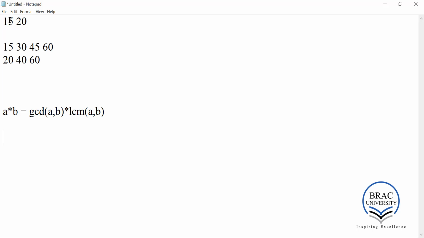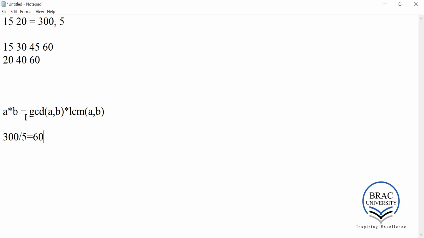Let's see. In case of 15 into 20, what will be the answer? 300, right? 300. In case of GCD, what will be the answer? GCD of 15 and 20 will be 5. So LCM should be 300 divided by 5. And the answer will be 60.